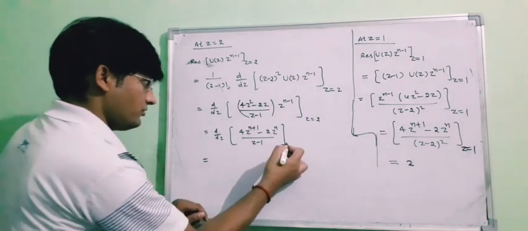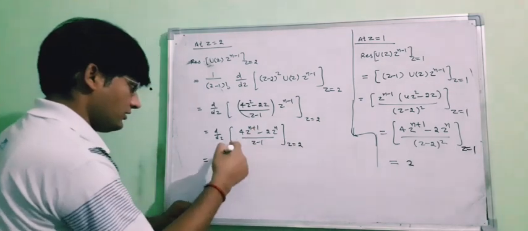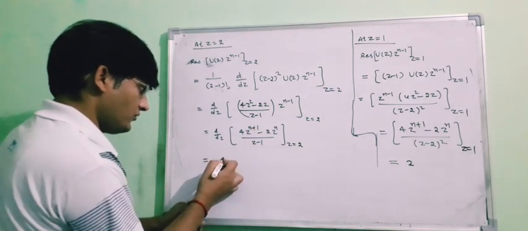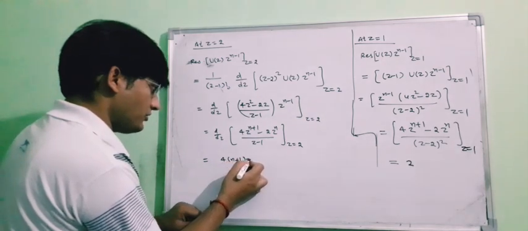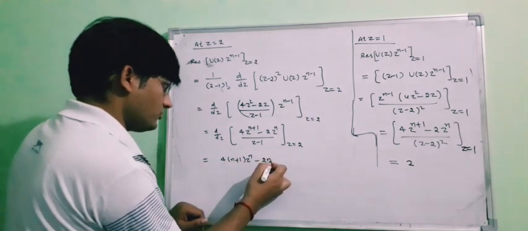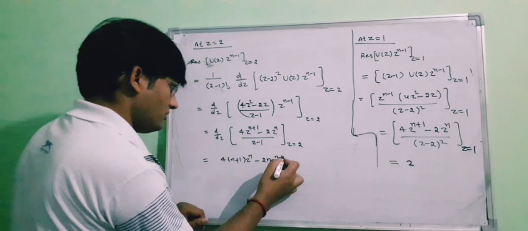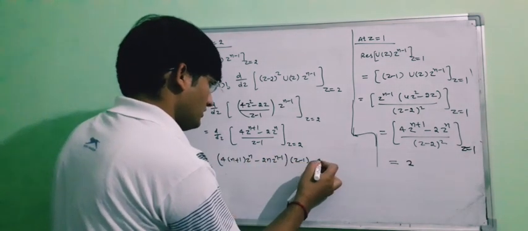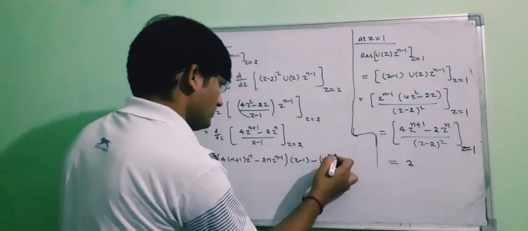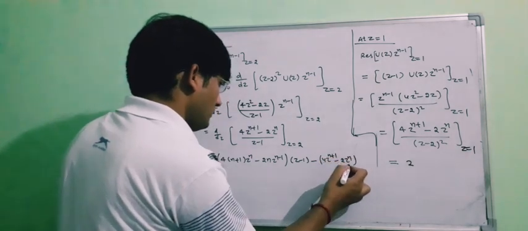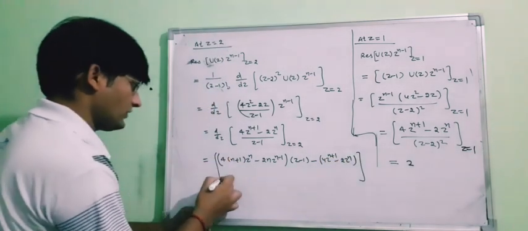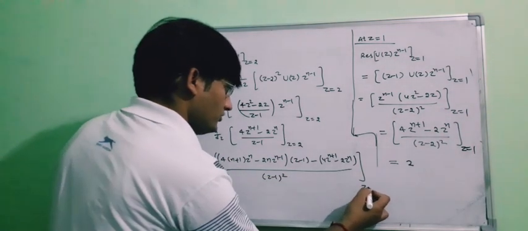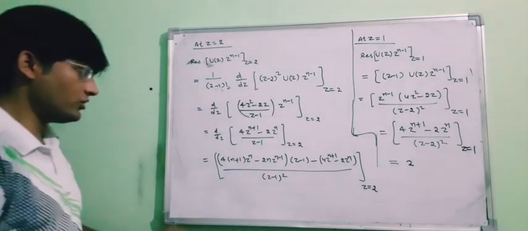Now by differentiating, we will have the numerator (4(n plus 1) z power n minus 2n z power n minus 1) into (z minus 1), minus (4 z power n plus 1 minus 2 z power n), divided by (z minus 1) whole square, and we have to calculate the value at z equal to 2.